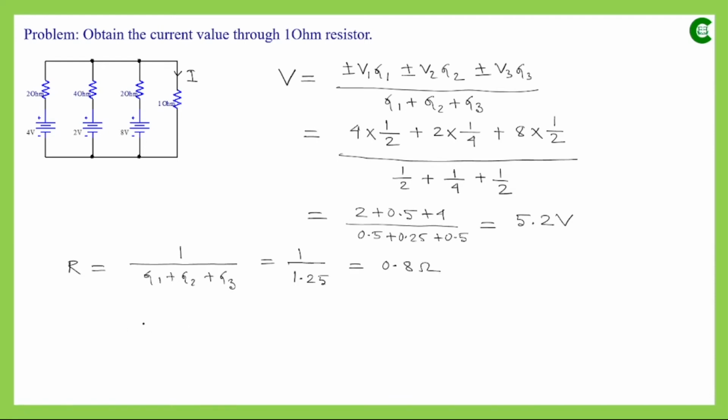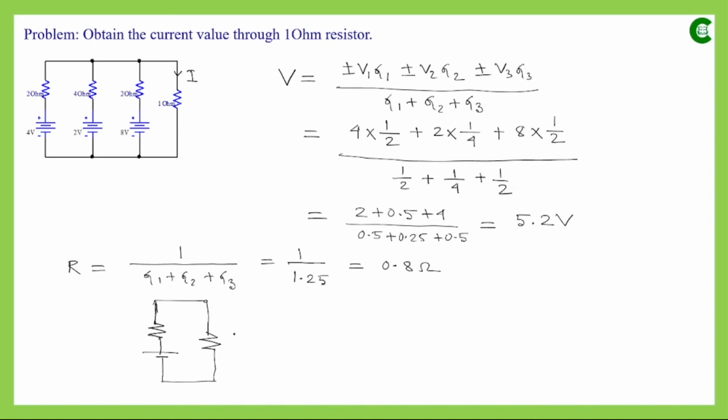So in the final circuit we will have an equivalent resistor and a voltage source connected in series, and with that we will connect back the load resistor.